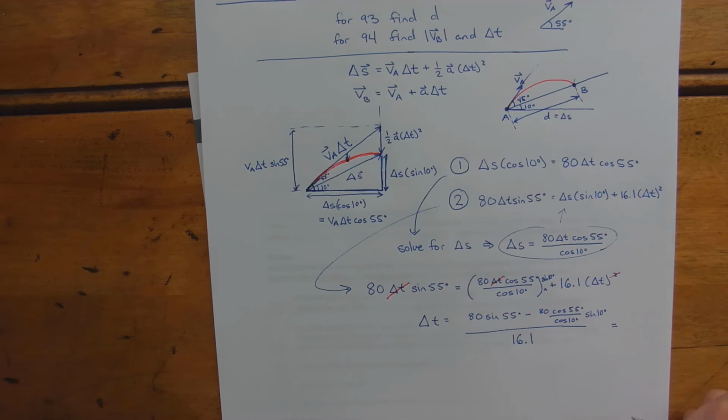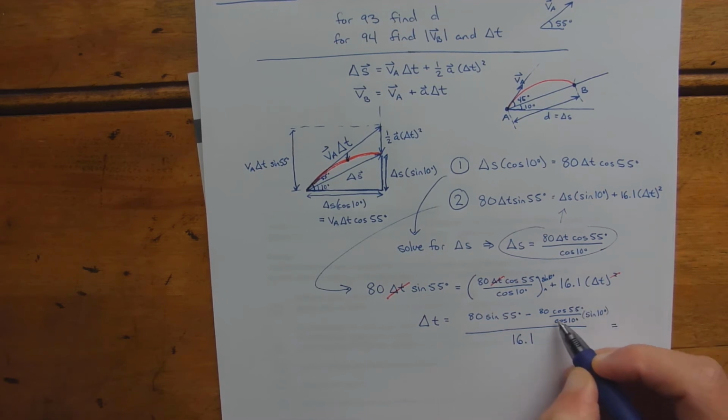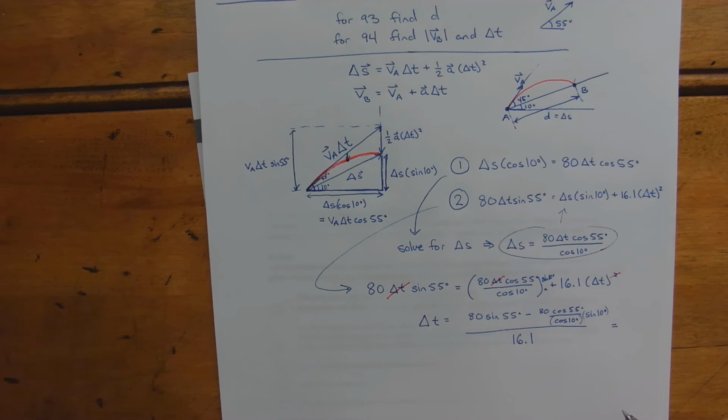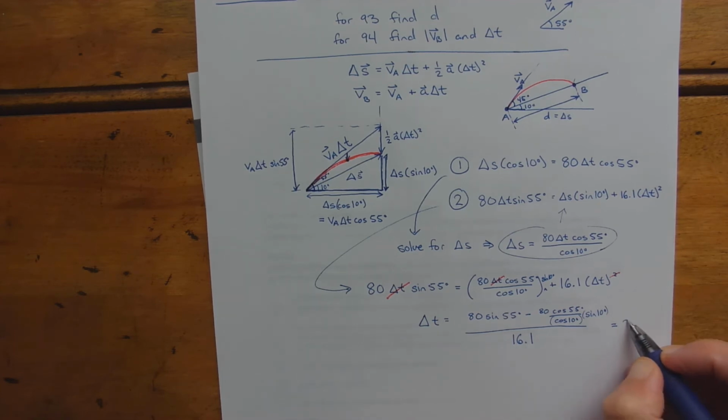I'm not going to rewrite it that way because at this point you can just go ahead and plug it into your calculator, but to make it a little easier, you could just plug that in as tangent of 10 degrees. And you get to solve for delta t on your own, and you should get 3.568 seconds.